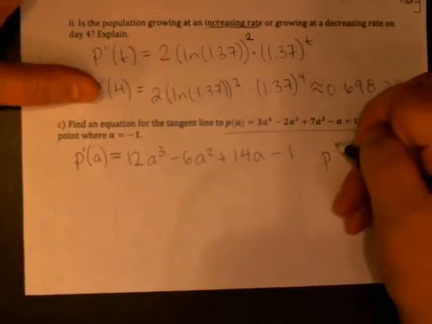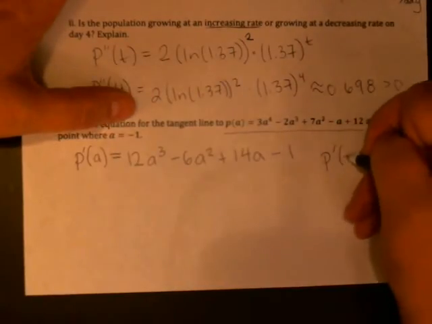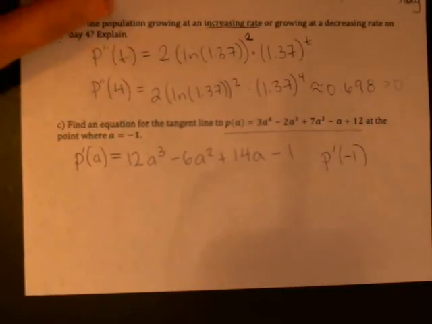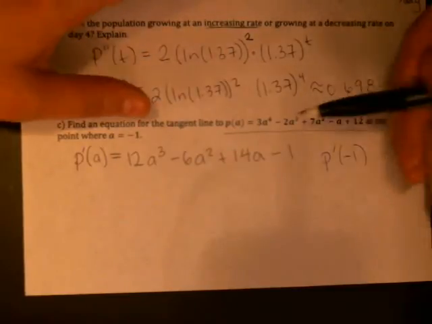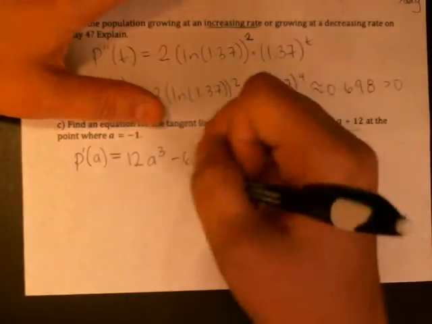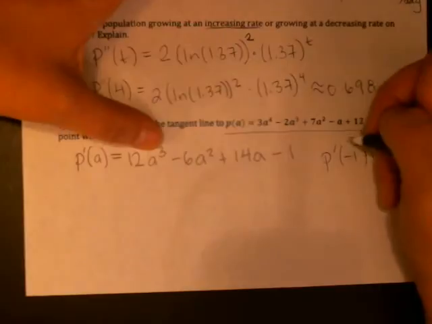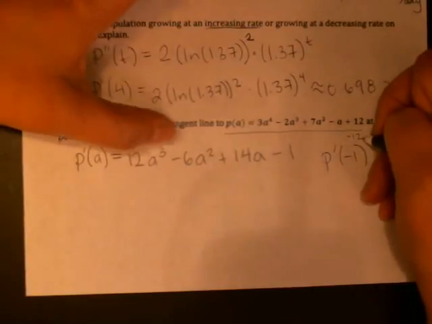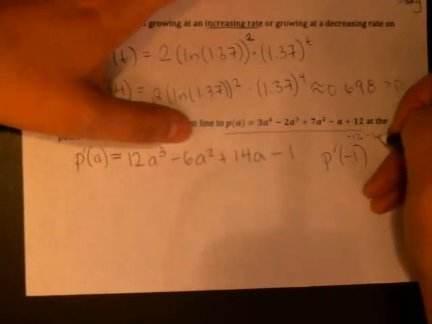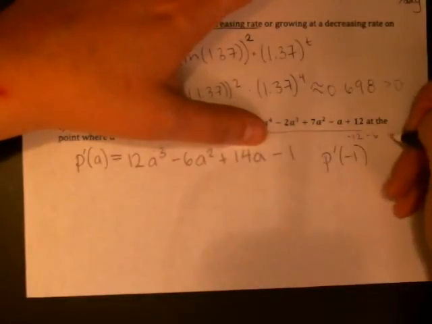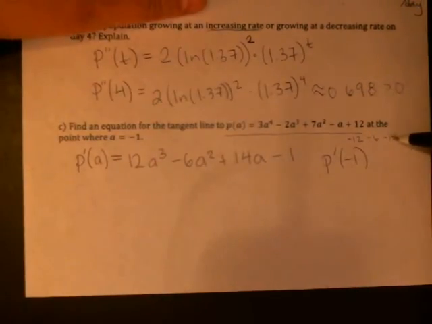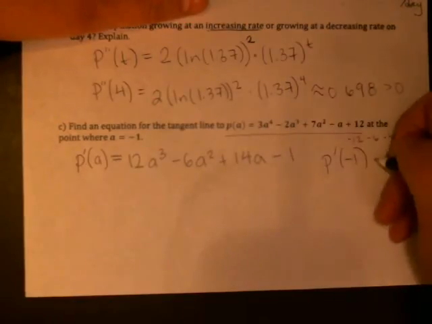Okay, so p prime of -1, ooh, I probably don't even need a calculator. -1 is nice. So we're going to get -12 right here. And then -6, and then 14 times -1 is minus 14, minus 1. Okay, so this is -20, -32, -33.